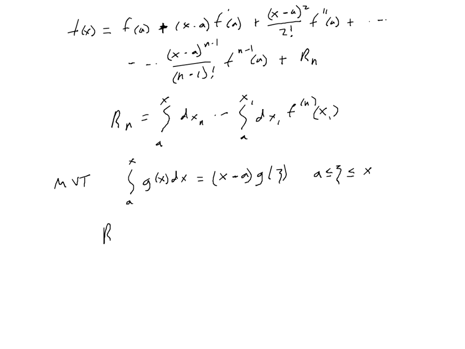And so because of that, you could say r sub n is really just equal to x minus a to the n over n factorial times the nth derivative of the mean value.